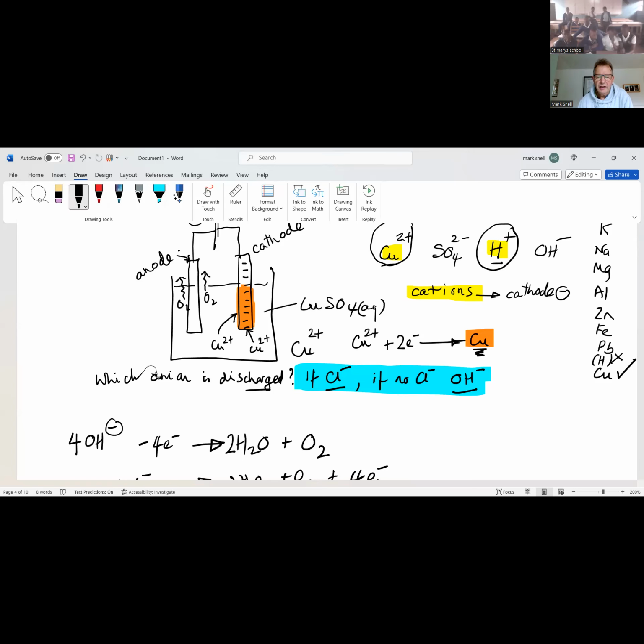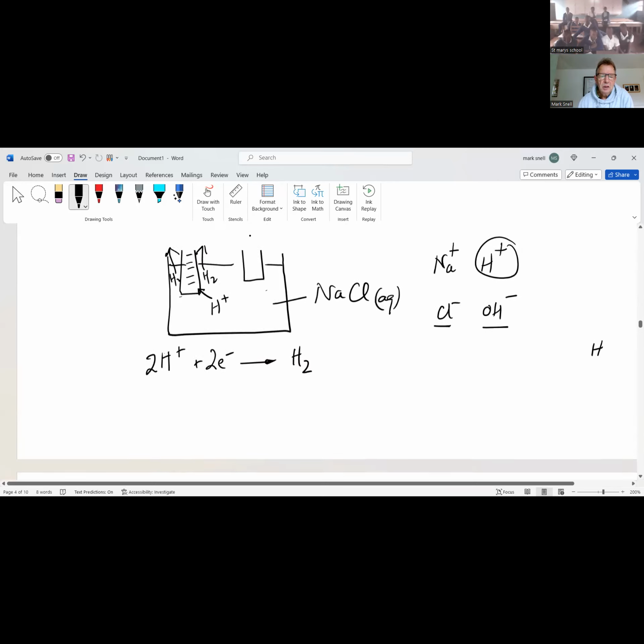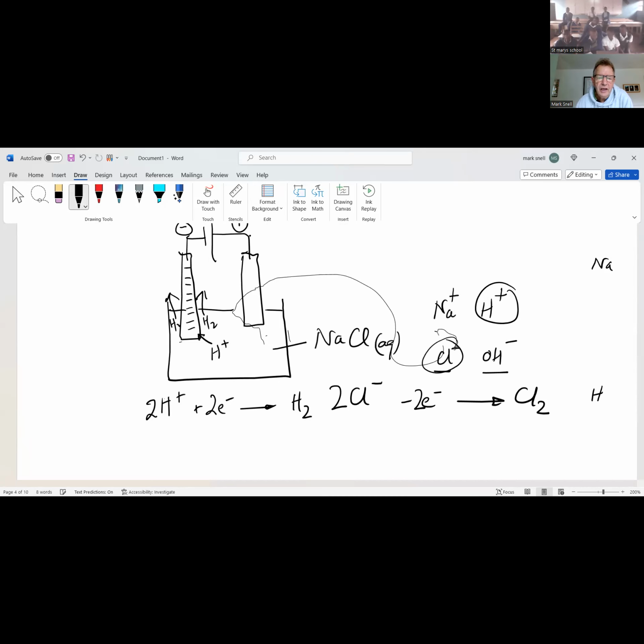If we have no chloride, it will be the hydroxide. So in this one here, we have chloride. And therefore, we will get Cl- loses electrons to become Cl2. So 2 of those and 2 of those, and therefore here we get chlorine being produced. Okay, so that's a really important example.